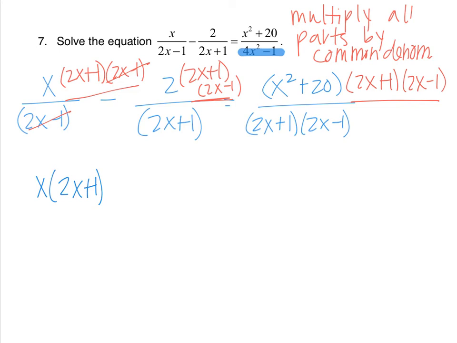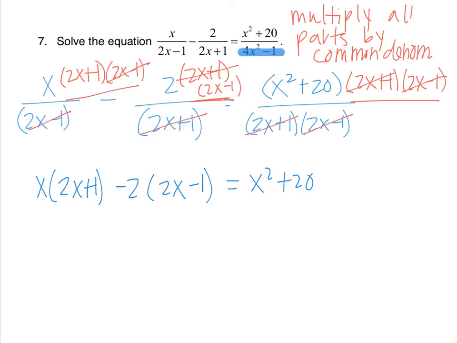The next one, I have 2x plus 1 and 2x plus 1. Those cancel. So now I have minus 2(2x minus 1) equals, and on this side, they both cancel. So I'm only left with what was originally the numerator, x squared plus 20.